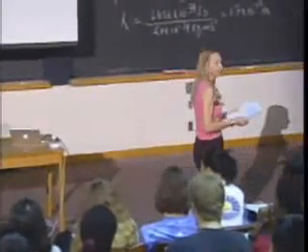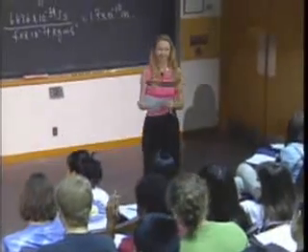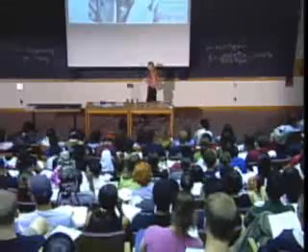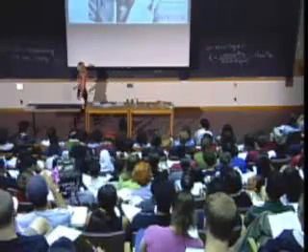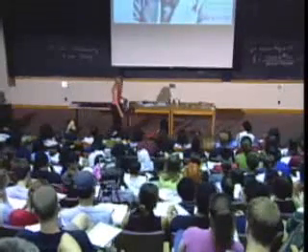And actually, I just realized that I skipped something in your notes that I wanted to talk about, and I apologize for that. We're going to get to the wave equation in a moment. It's very important.